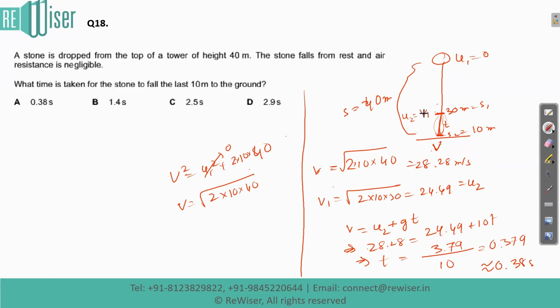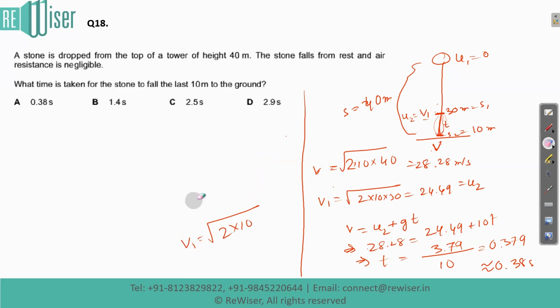Now, similarly, you can find out V1. In this case, S will be 30. U1 still remains 0. So 2 into 10 into 30. So V1 is root 2 into 10 into 30.